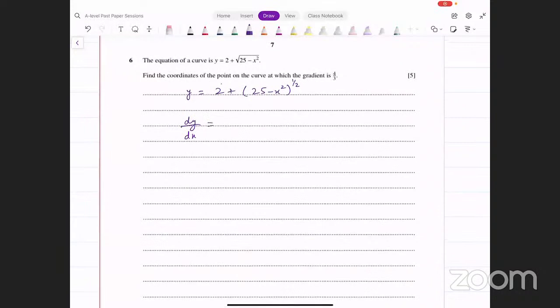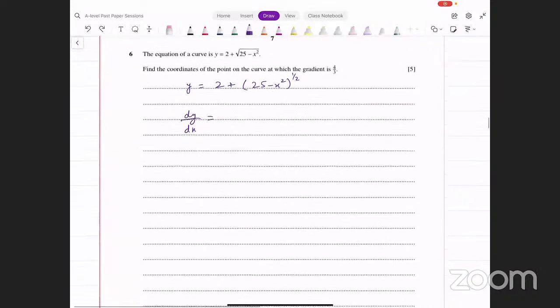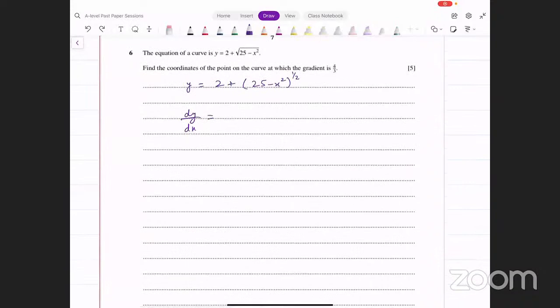That equals the derivative of 2, which is 0. For 25 minus x square raised to power 1/2, the derivative will be 1/2 into 25 minus x square whole raised to power minus 1/2. And then the derivative of what is inside the brackets: the derivative of 25 is 0, minus the derivative of x square, minus 2x. Got minus 2x here.